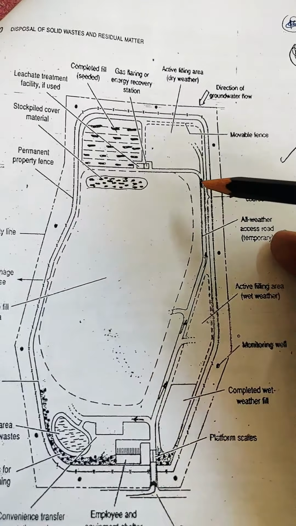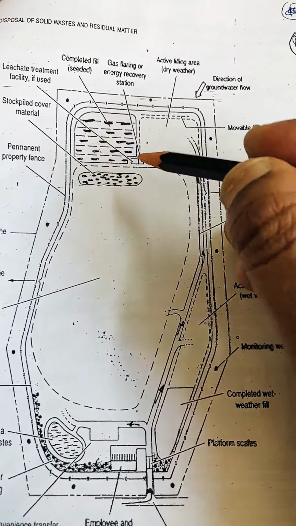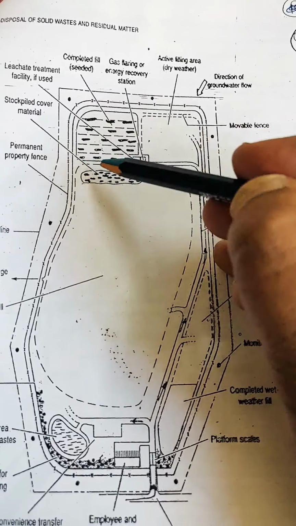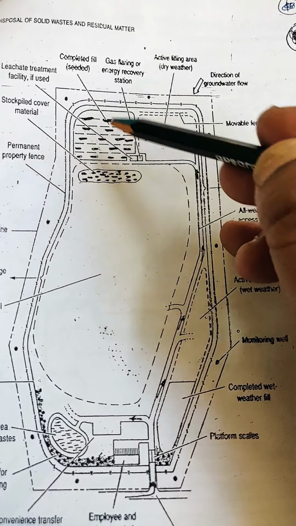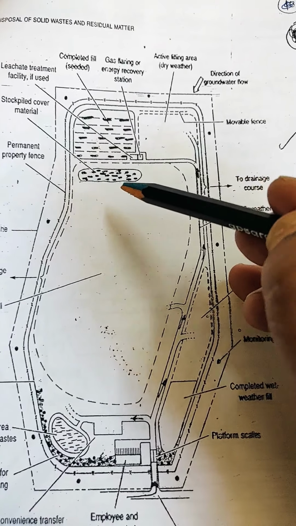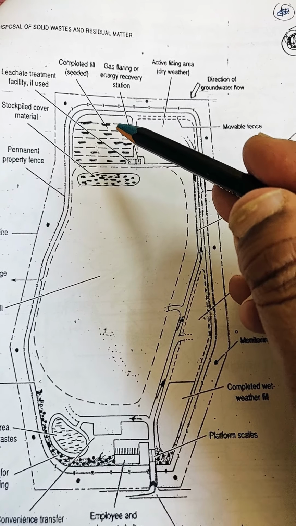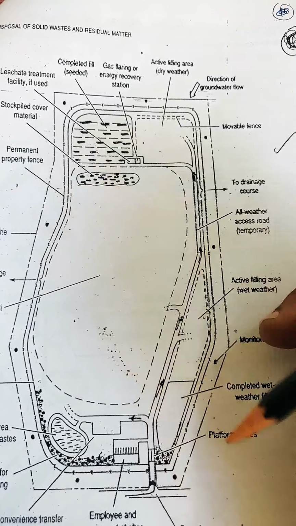In other seasons, when a vehicle goes inside, here is the completed filling area. Various cells are created. Soil material is stocked up for covering the cells. Then this is the future, that is, the active filling area, which is running now.